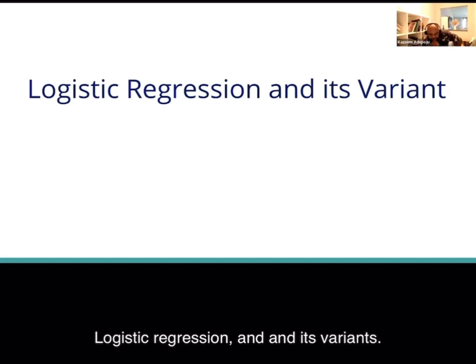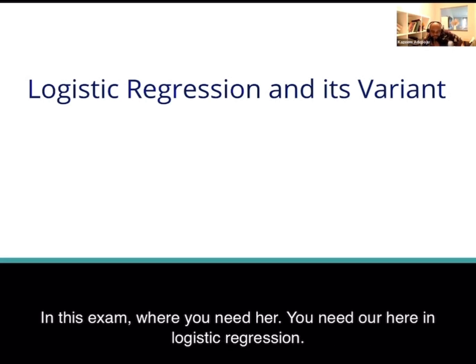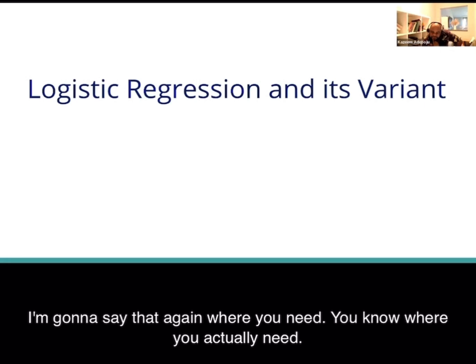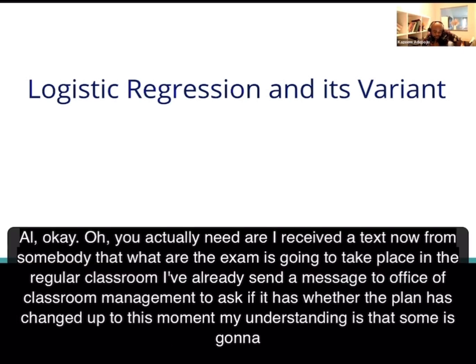Now, let me tell you this. In this exam, where you need R is here in logistic regression. I'm going to say that again. Where you actually need R, you actually need R here.